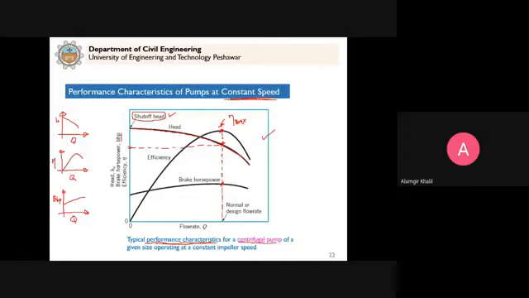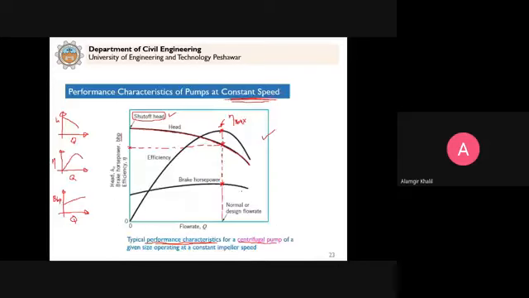So we can evaluate the performance of pumps from these curves. But these curves are drawn for a constant speed. If you change the speed, the shapes will be similar, but there will be a shift in the curves. Clear?